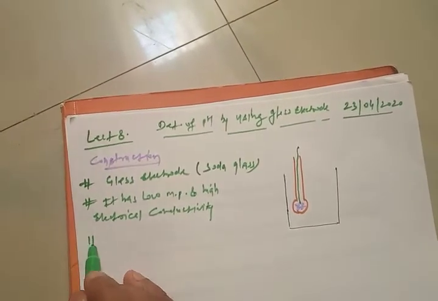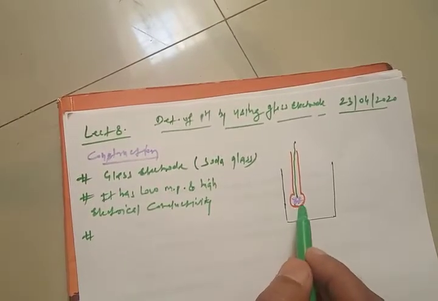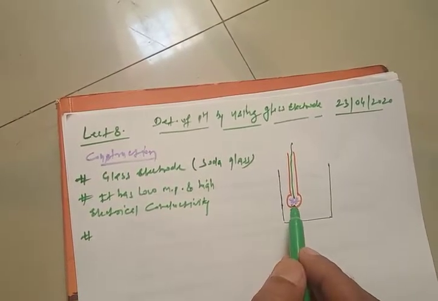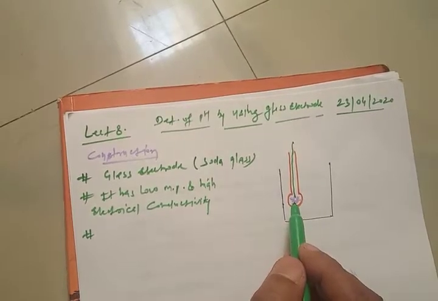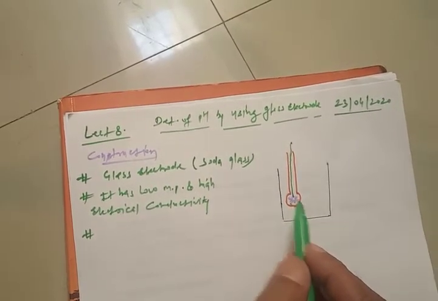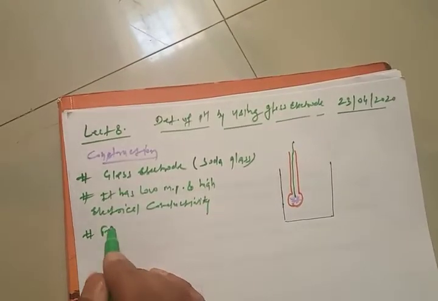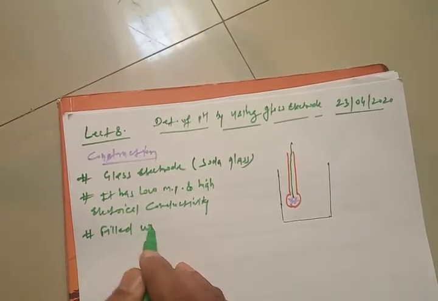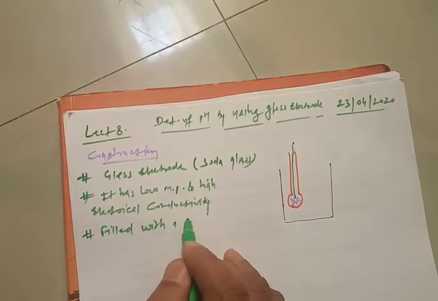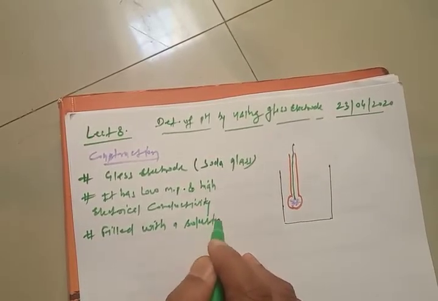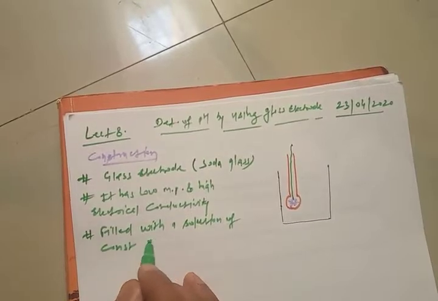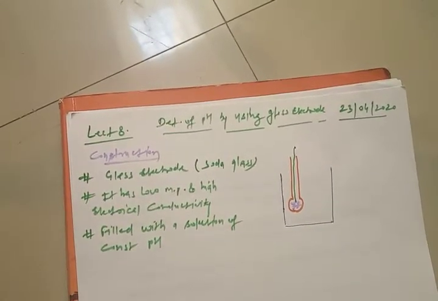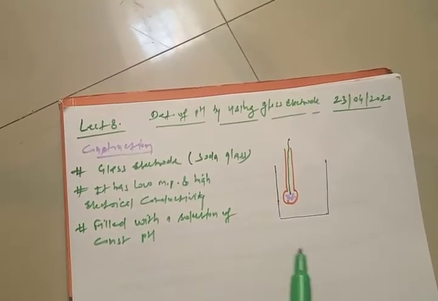Another thing, if you see this color, this is a solution actually. This glass electrode is filled with a solution of constant pH. So what is this solution?